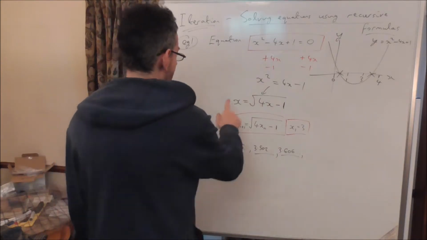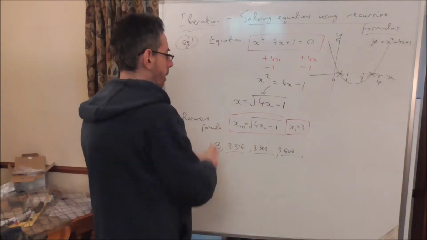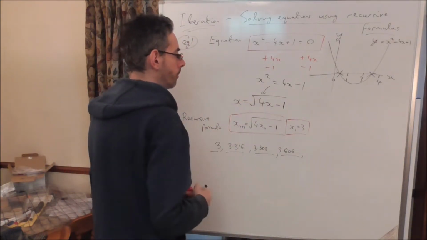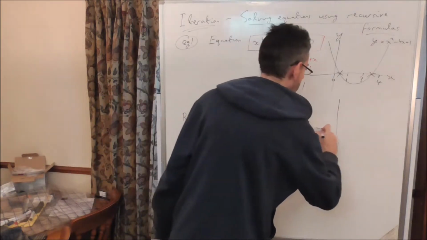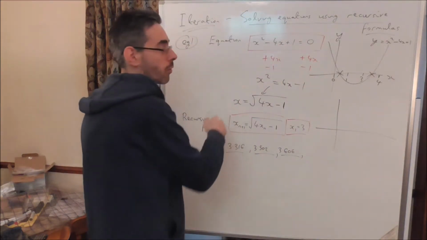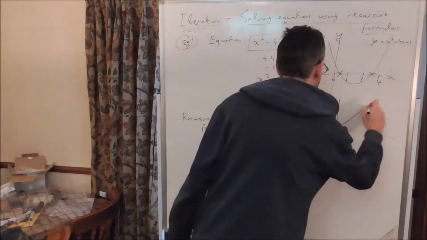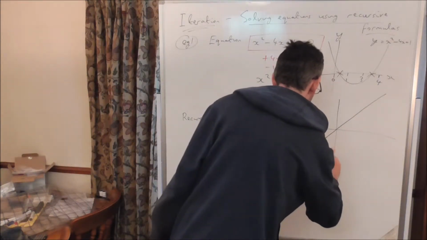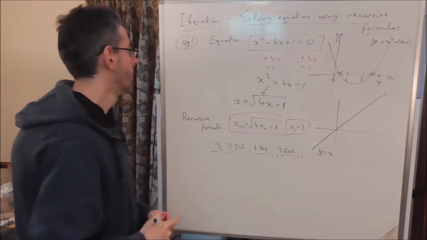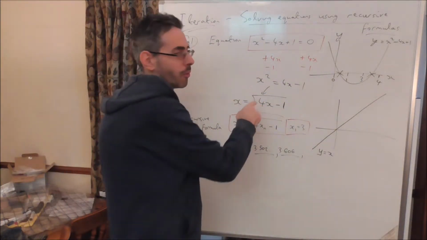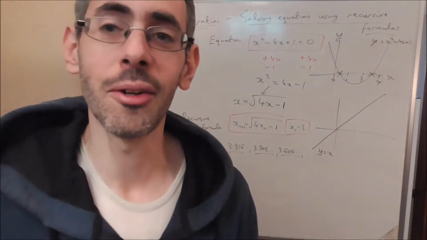You can show the solutions to this equation graphically by sketching a graph of each side of the equation and seeing where they cross. The graph of y equals x just looks like this. Like that, it's a diagonal line through 0, 0, y equals x. And the graph of y equals the square root of 4x minus 1, what does that look like?